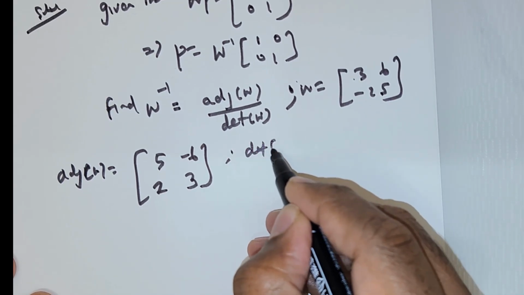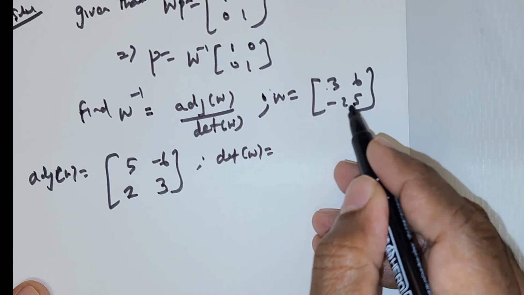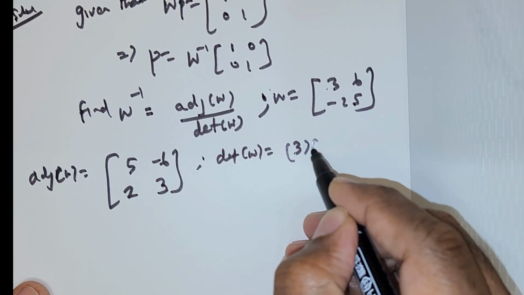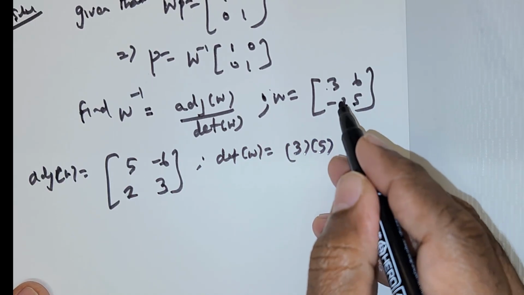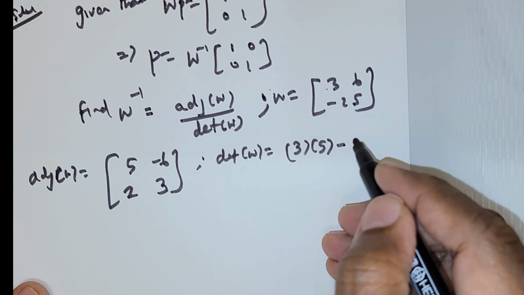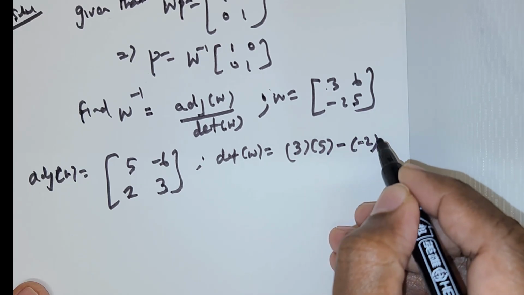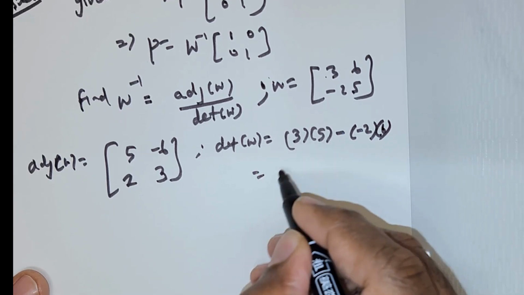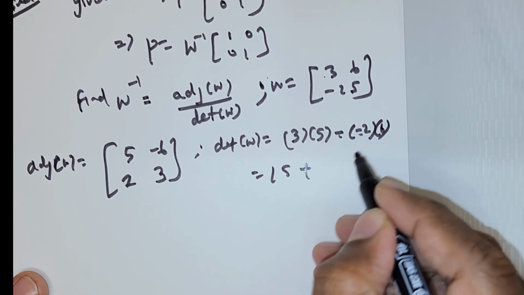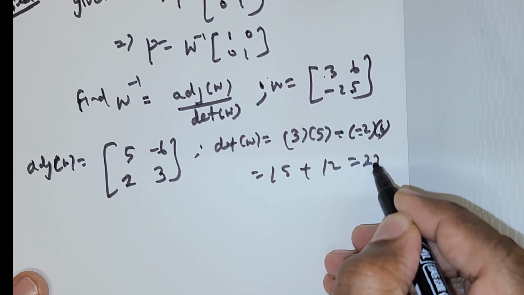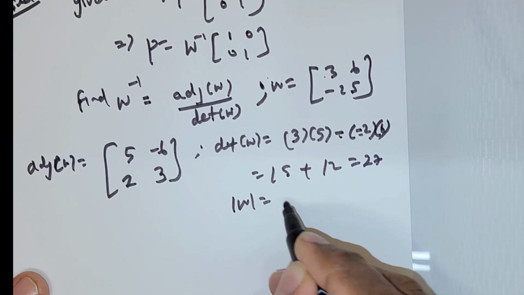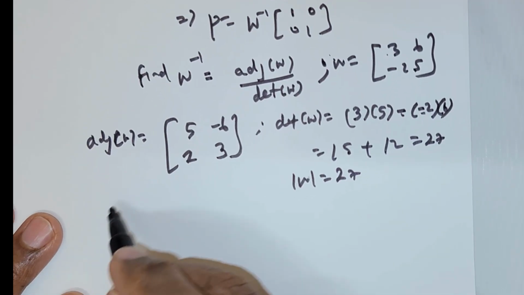Now we need to get the determinant of W. That is nothing but 3 multiplied with 5. When we are multiplying along this other diagonal, we take a negative sign. So this is going to be negative 2 times 6. 3 fives are 15, negative negative is positive, 6 times 2 is 12, so we get 27. So the determinant of W is 27.